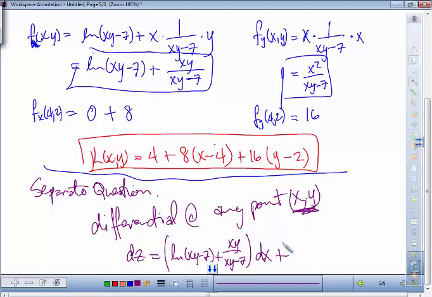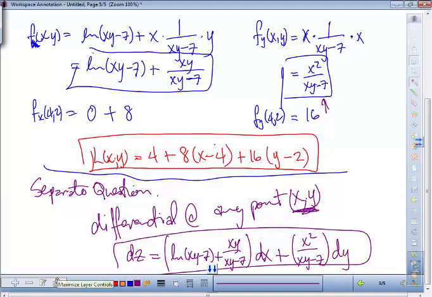Because you're saying you want this at a generic point, not at a particular ab. And then you would say x squared over xy minus 7 times dy, and then you would be done. This is your differential.